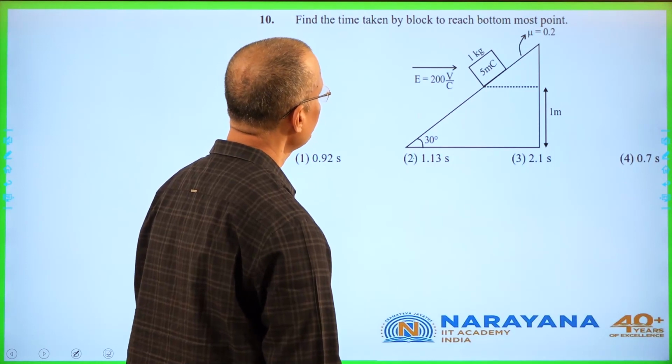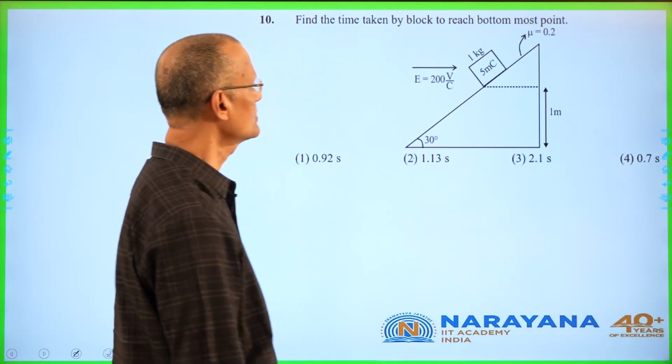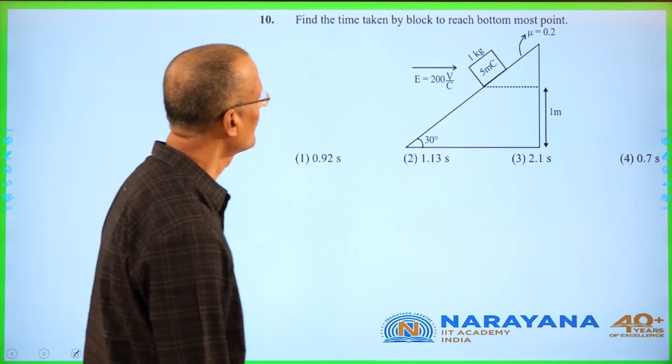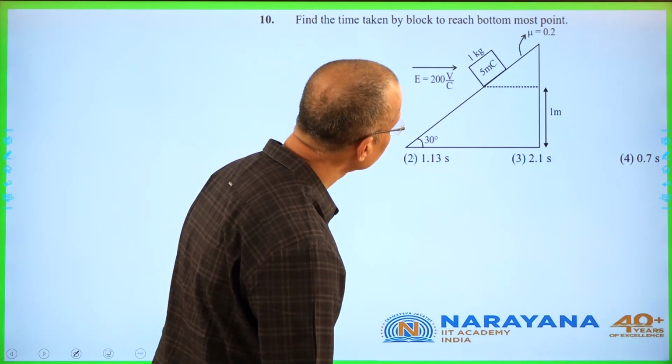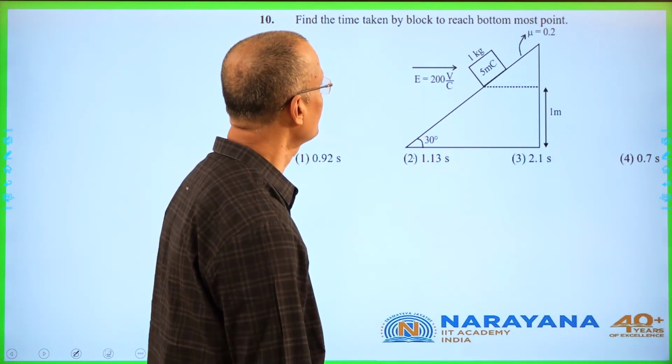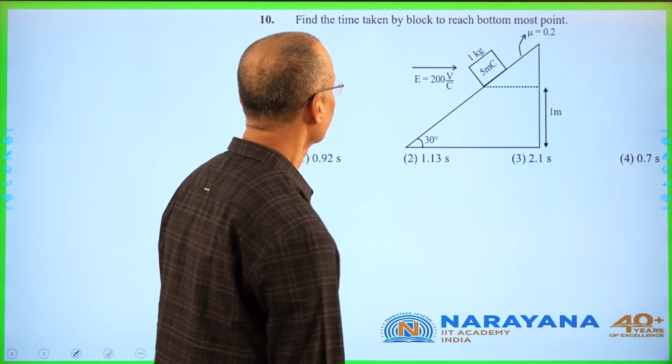Find the time taken by block to reach bottommost point from where it is coming. This is 1 meter, you will have to take it from the top only.